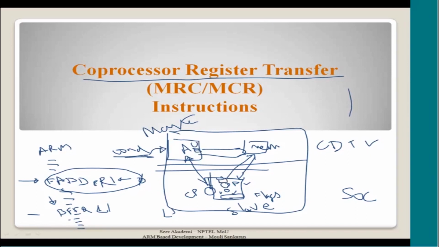These values can be transferred between them, but how ARM interprets the values and how the coprocessor interprets them is different, because here they are all integers, while the coprocessor may be doing floating point arithmetic. But if a data transfer instruction converts the format and then puts it in the ARM core, then the values can be exchanged between the ARM core and the coprocessor, as well as some conditional flags. Flags can also be exchanged between them.